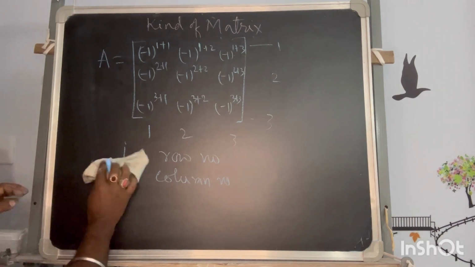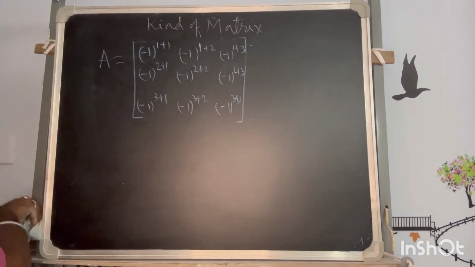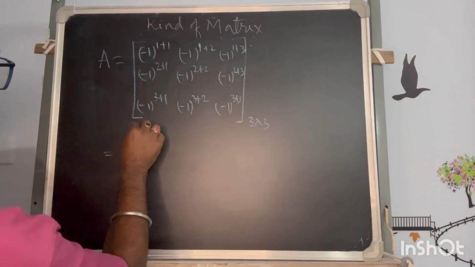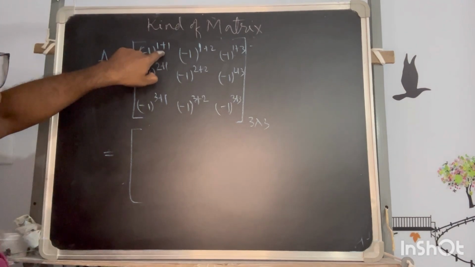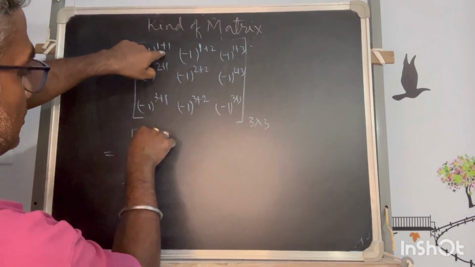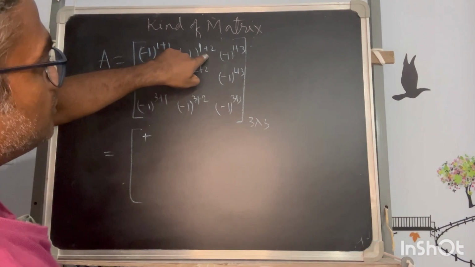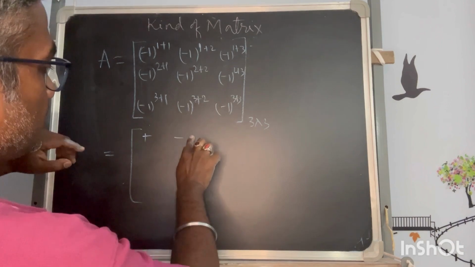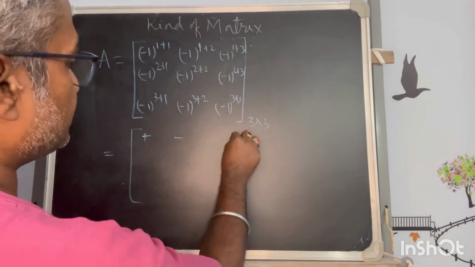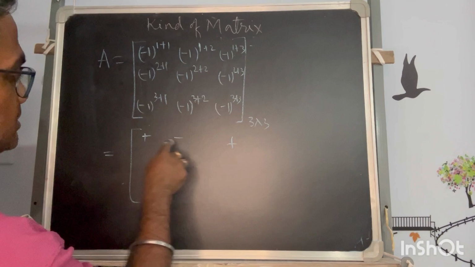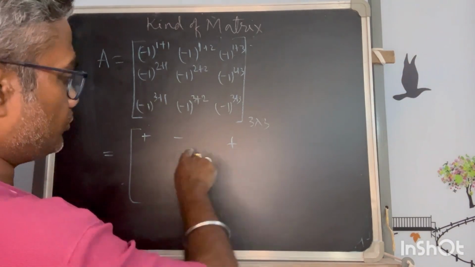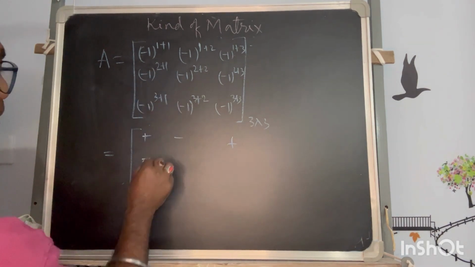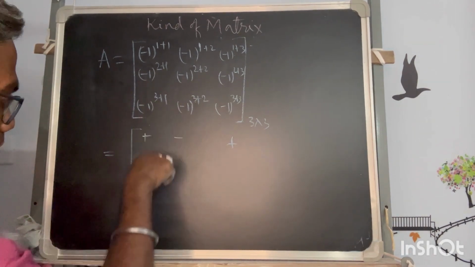Now if I calculate this, what will we find? I am showing a 3 cross 3 matrix, and this will be applicable for any order of matrix. For i plus j equal to 2, it becomes minus 1 whole square, that means plus. Minus 1 to the power odd means always negative, and minus 1 to the power even is positive. So you can see the pattern plus, minus, plus, starting from plus, and with any order you move with the same pattern. Going down this way also, odd gives minus and even gives plus.